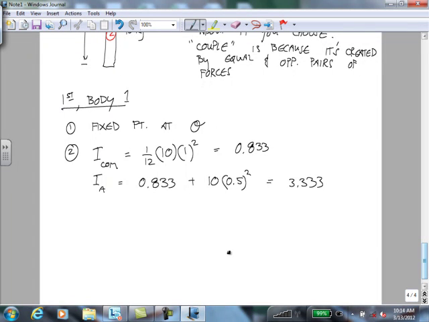Okay, so step 3, free body diagram. This is a pin joint. So the force here is, let's call that the reaction force at A. Then there's a weight force, 98.1 newtons acting down.